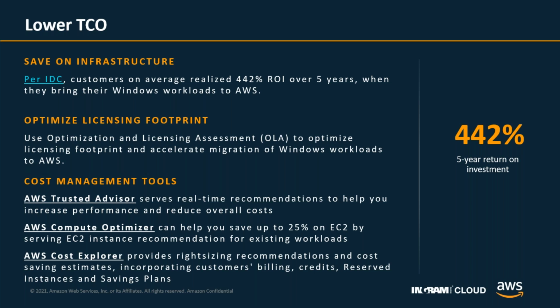So there's the optimization and licensing assessment to help you optimize your licensing footprint. And then in terms of managing the costs, there's the Trusted Advisor, the Compute Optimizer, and also the AWS Cost Explorer, which is something our customers use lots just to get a really good understanding of what they're spending, in the short to medium and long term.